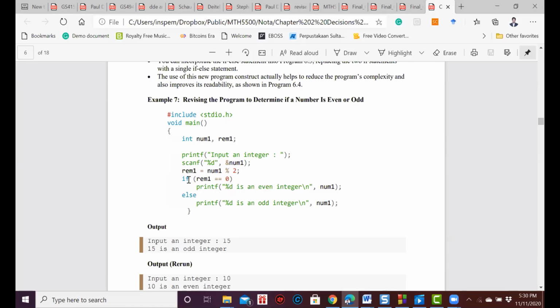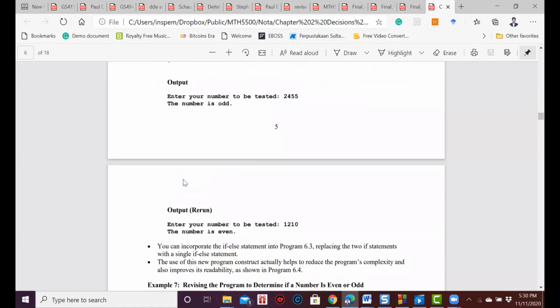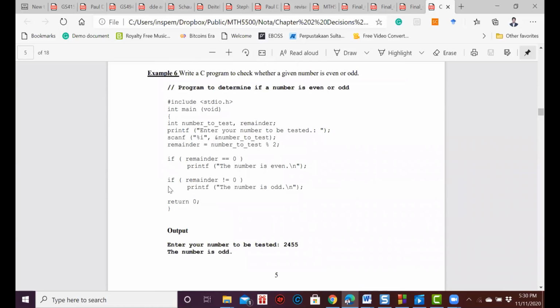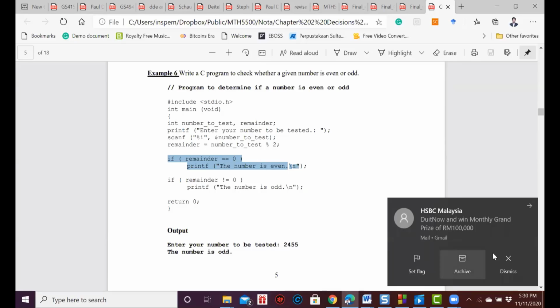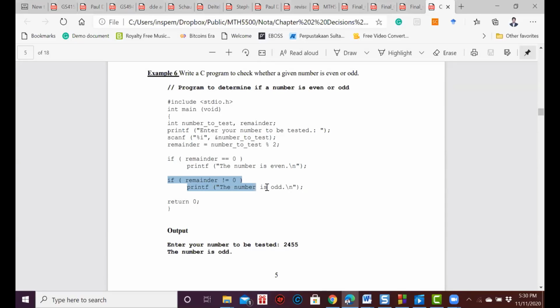What is the difference between this if else and those two ifs? The output is the same, the logic is the same, but the structure of the coding is different. In this case, we need to test both if statements, meaning there is more work to do. We need to check this code, and at the same time, after that, we also check this other code. So we ask the compiler to do more work in this case.